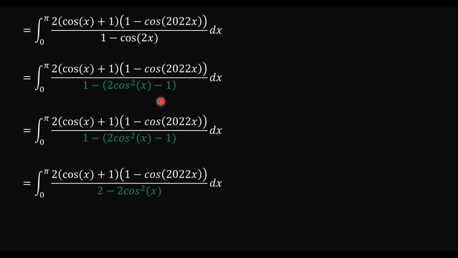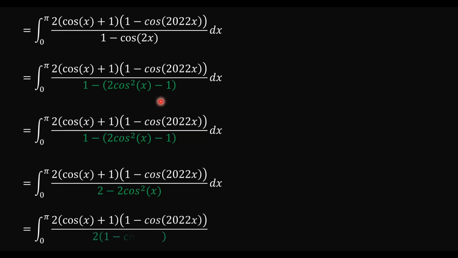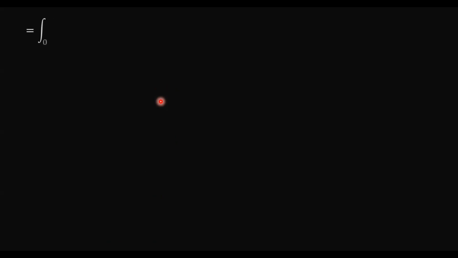So we can factorize the 2 out of the denominator, and we're left with 1 minus cosine squared x. Using the difference of two squares, that results in the product of 1 minus cos x times 1 plus cos x.